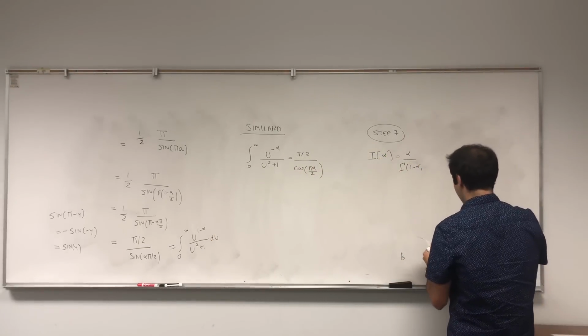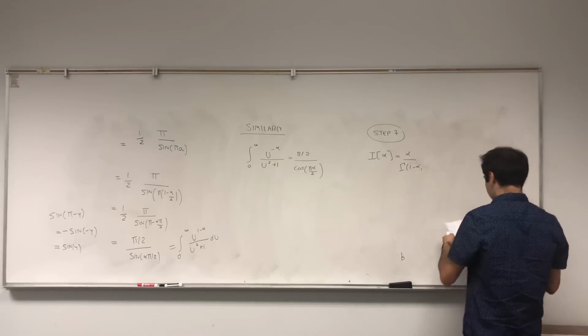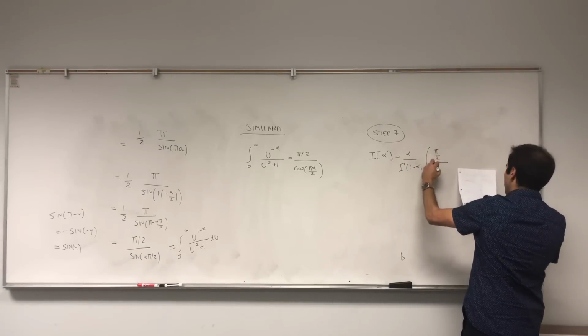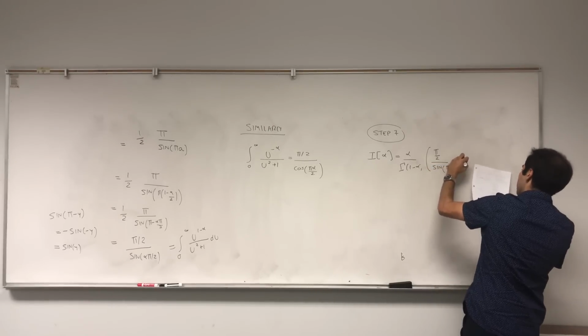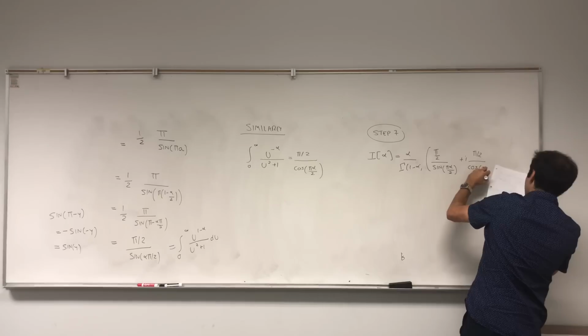So really what we're left with is the following. Pi over 2 over sine of pi alpha over 2 plus I pi over 2 over cosine of pi alpha over 2.